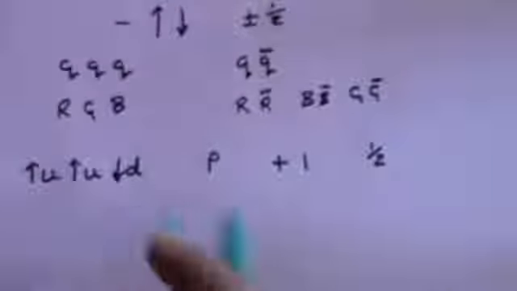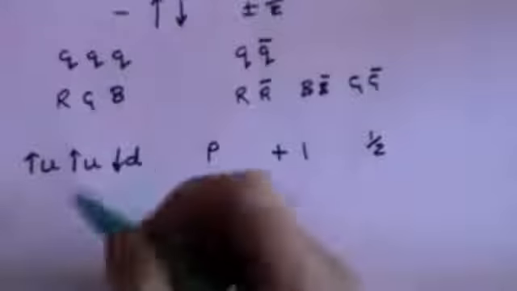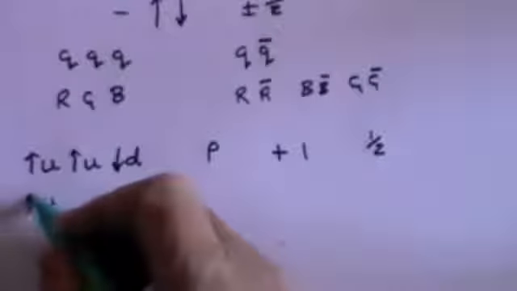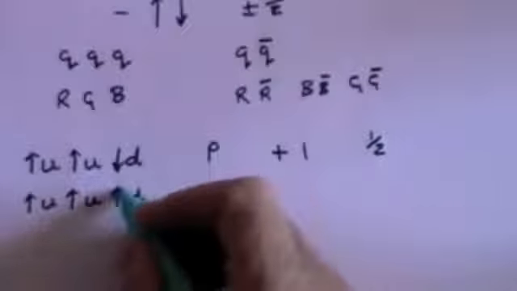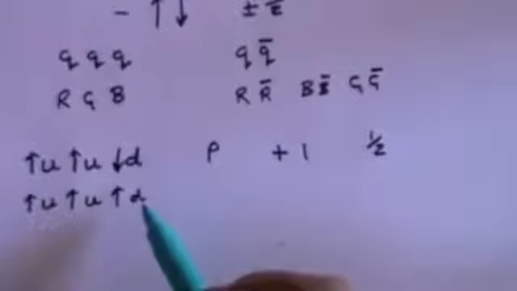That's a proton. But suppose I took a particle and made it like this: up with a spin up, up with a spin up, down with a spin up. Remember, down doesn't tell you what the spin is. Down is just a name of a particle. A down quark can spin up or down.